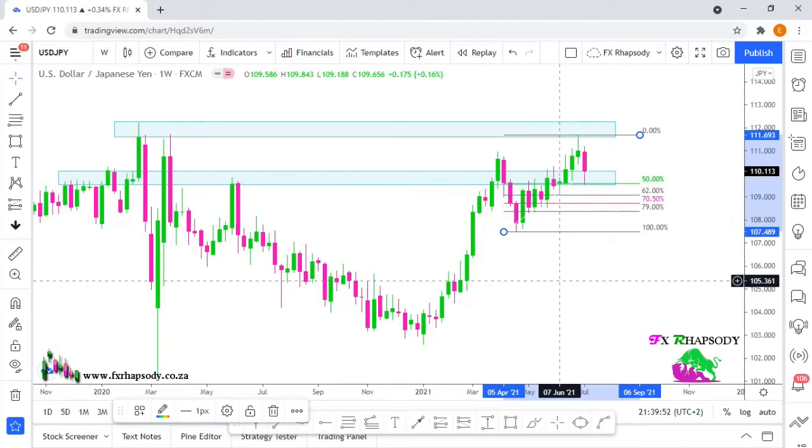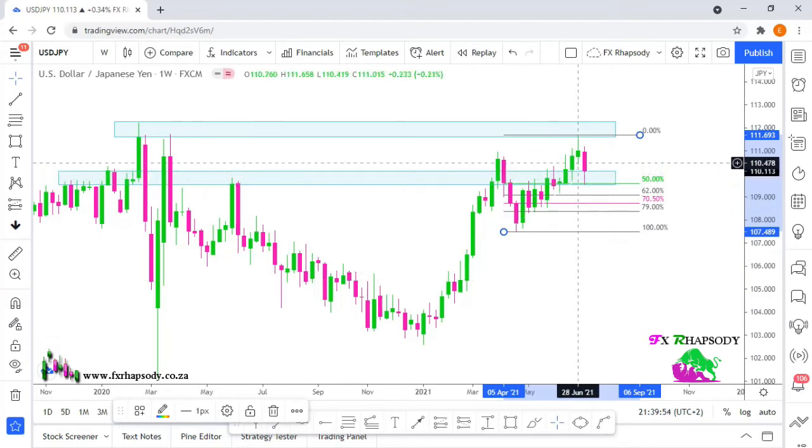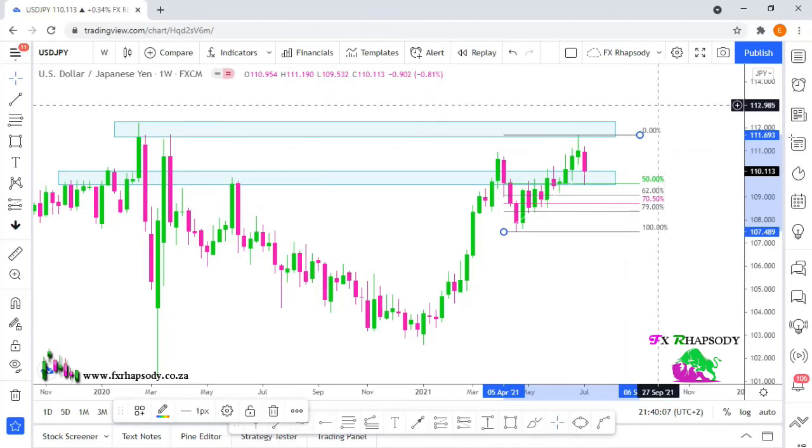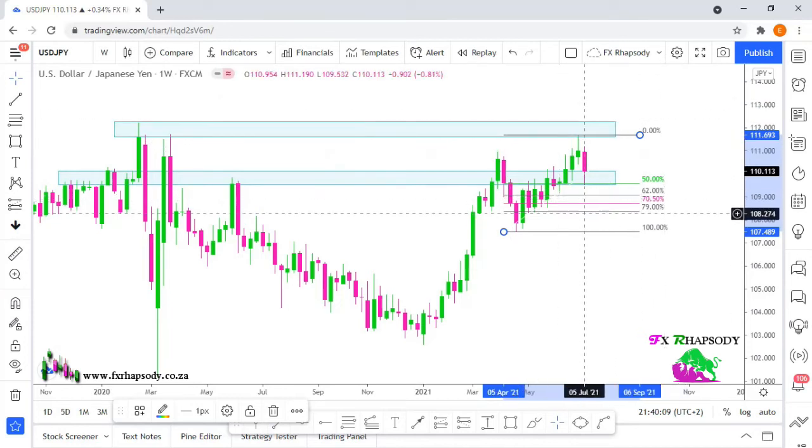So from here, what we can expect is price to either push through a little bit to go to the 62 or even the 70% before making another higher low before it pushes up to make another higher high. That all depends on the strength of the dollar, and also obviously the weakness of the Japanese yen, and vice versa.